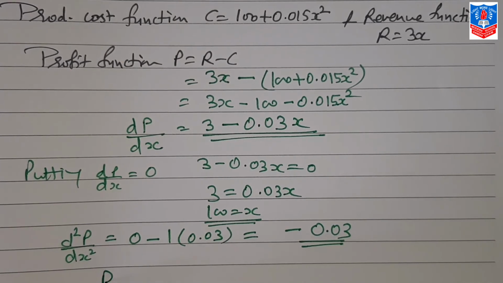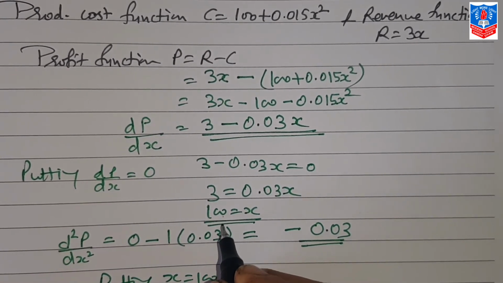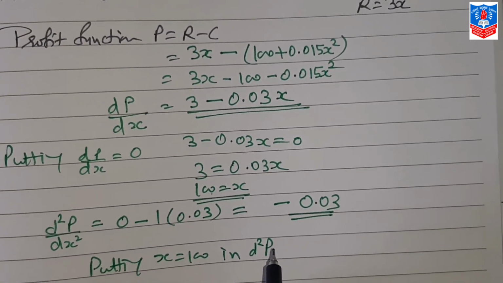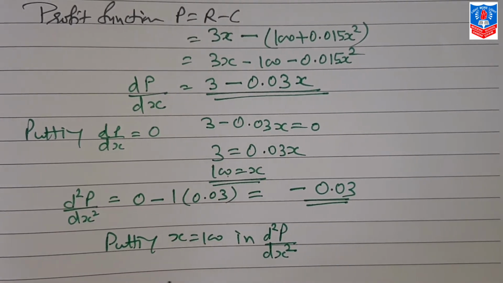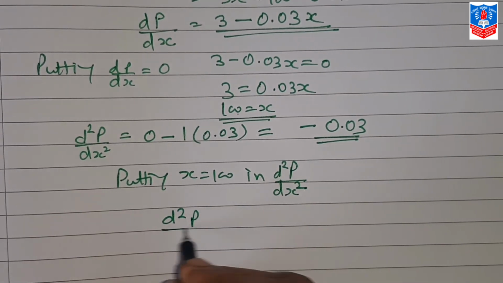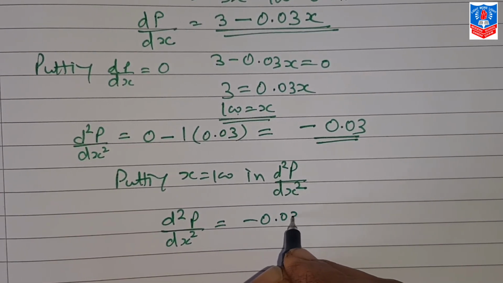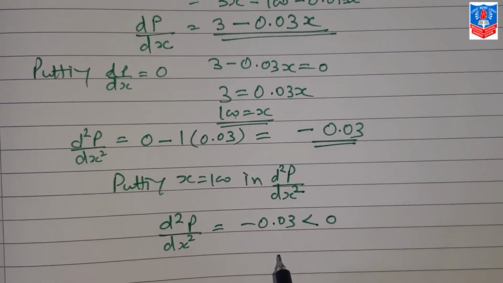Now putting x is equal to 100 in this d square p upon dx square, that will be minus 0.03, which is less than 0 only.